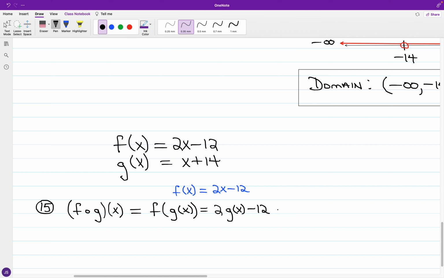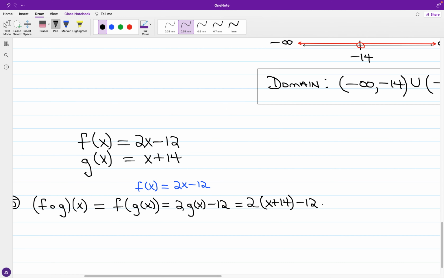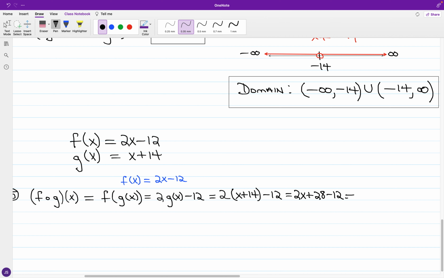And applying specifically what defines g of x, we're now going to have 2 times all of x plus 14, followed by the subtraction of 12, just carrying over. So we have 2x plus 28 minus 12, and in the case of the output, this will become 2x plus 16.